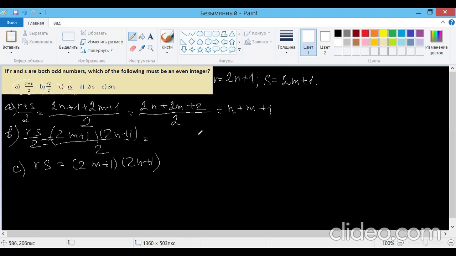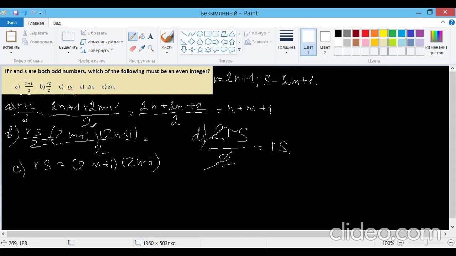But if we take a look at D, it is as clear as a day that this number, the product of 2R and S, is an even integer, because we can divide it by 2, and these two numbers will cancel each other, and we'll get RS. So it means that D is an even integer for sure.